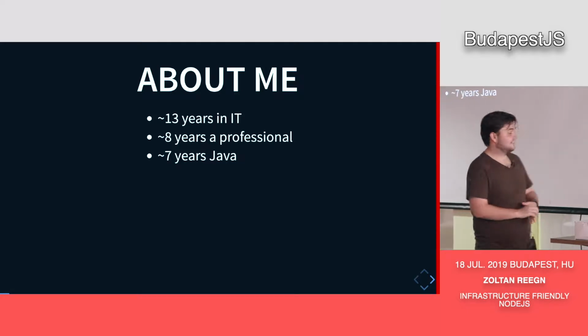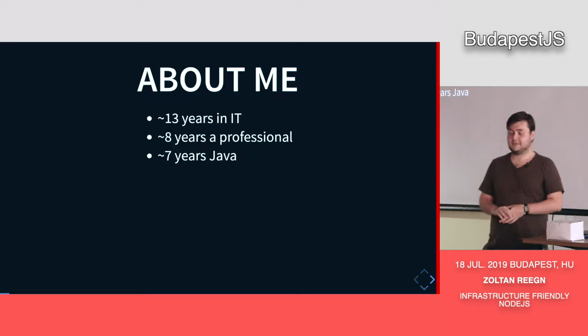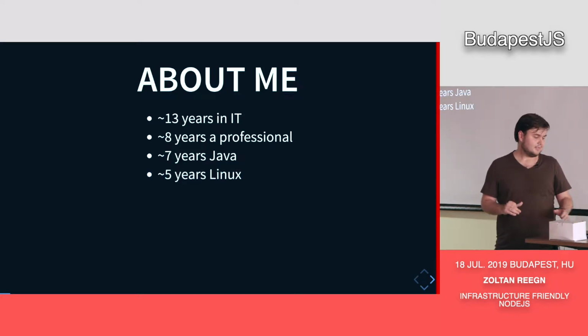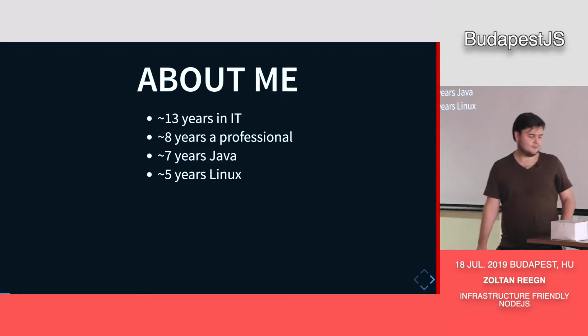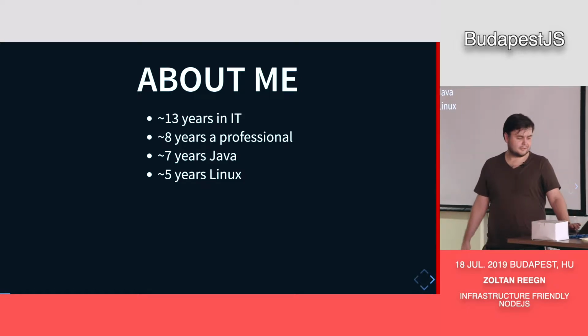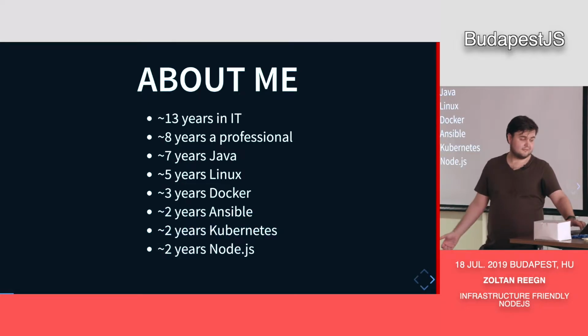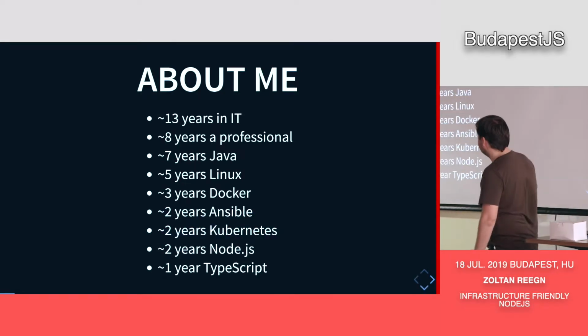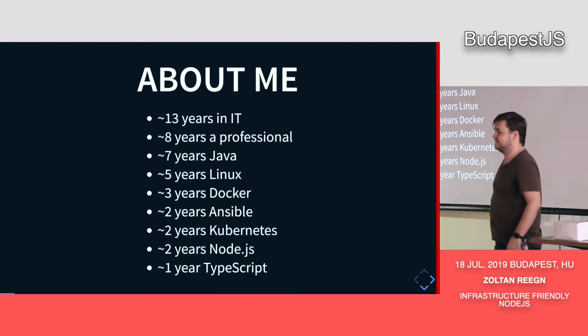From those 8 years, it's more or less 7 years of Java, 5 years of Linux stuff, so I'd say that I'm pretty good at that, and a bunch of other technologies I've also worked with over the years.